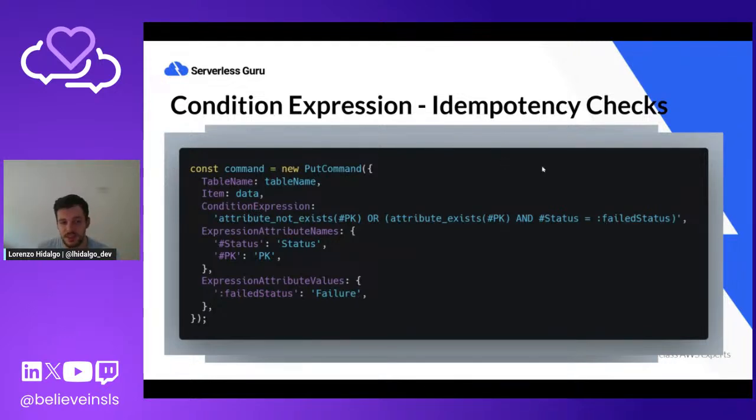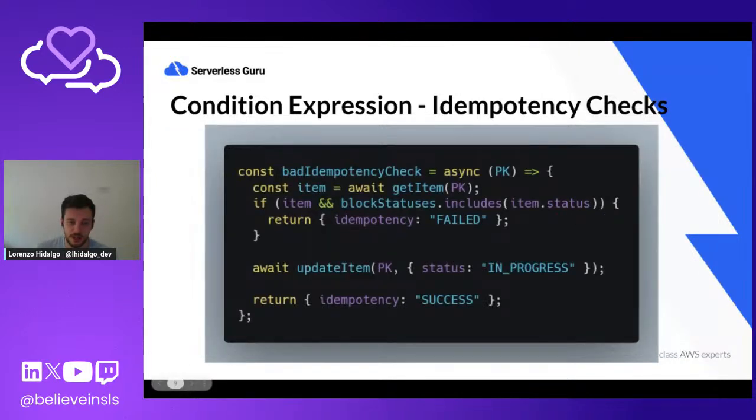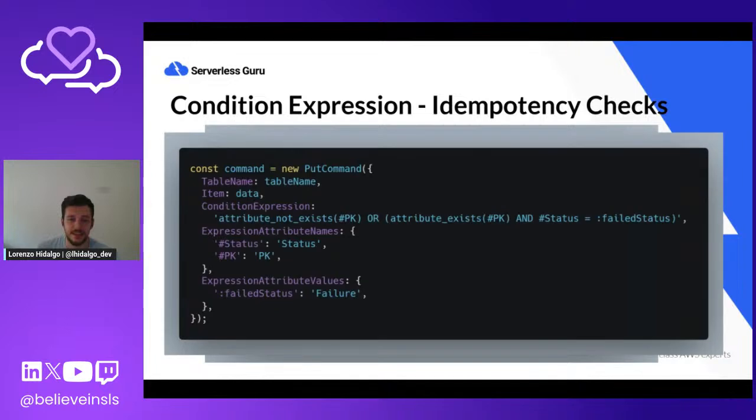Okay, with this logic here, it will do the idempotency check that we are trying to do, but in a single DynamoDB request and ensuring data consistency, so that only one request to DynamoDB will actually succeed and only one Lambda will be working on that single event.